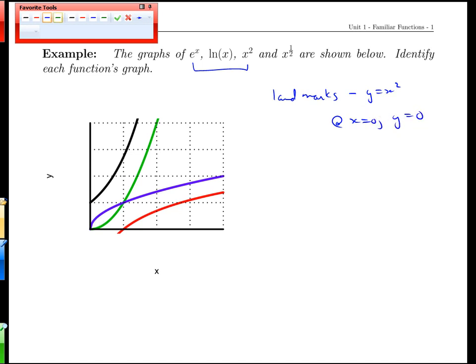So right away we can tell that the green line here is the graph of y equals x squared. That leaves the black line as y equals e to the x, and we can verify that: at x equals 0, y equals e to the 0, which is 1. So it goes through the point 0, 1.